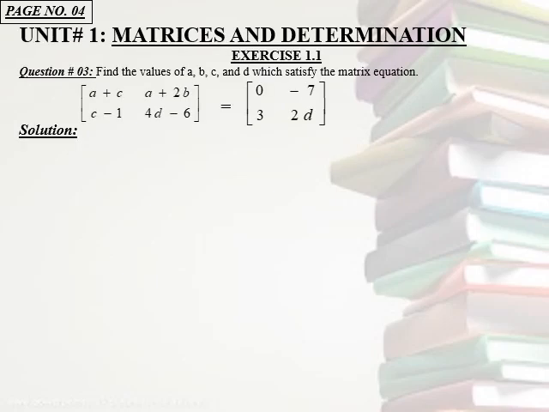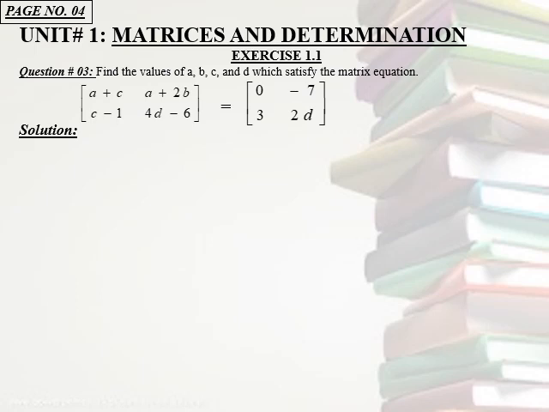Here is the last question of exercise 1.1, which is very important. In this question, we have to find the values of a, b, c and d. As you know, in equal matrices, corresponding entries are equal. So the first entry of the matrix on the left hand side is a plus c, and the first entry of the matrix on the right hand side is 0.